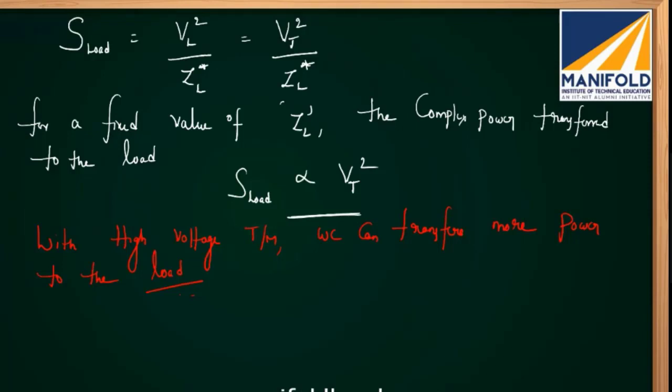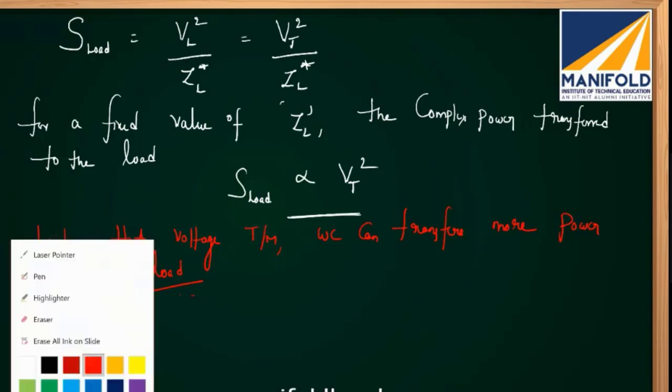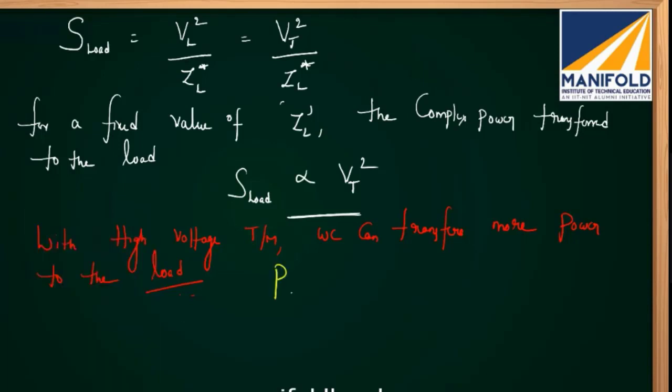The reactive power part is taken care of by the local capacitors and local compensators. So mainly in transmission lines, we try to transfer real power because the generator is the only element that generates the active power, whereas the reactive power can be generated locally by some other elements. So the same sentence we can directly write as: the real power transferred to the load is directly proportional to the square of transmission voltage.